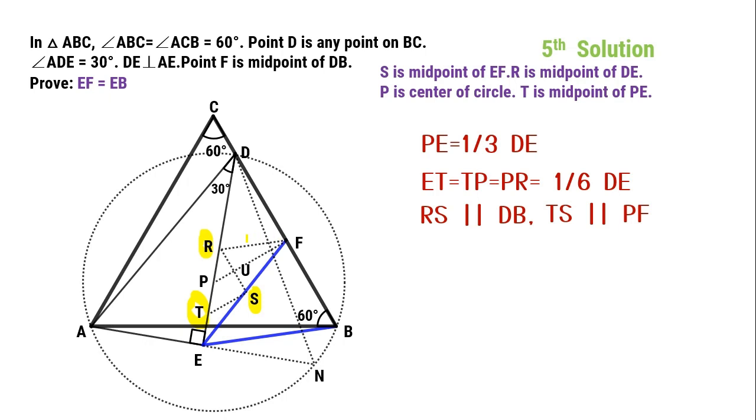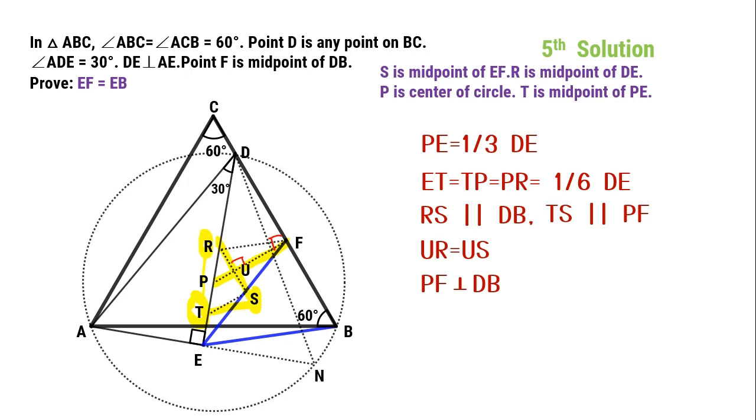In triangle RST, TP equals PR. So we get UR equals US. Point P is the center of the circle, and point F is the midpoint of DB. So PF is perpendicular to DB from the perpendicular bisector chord theorem.